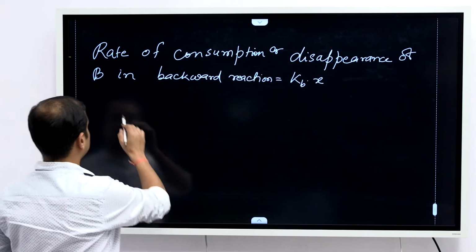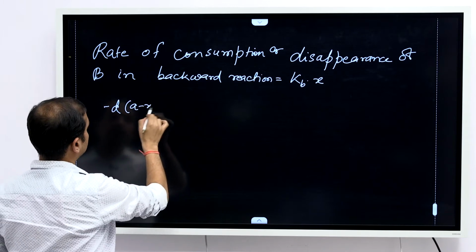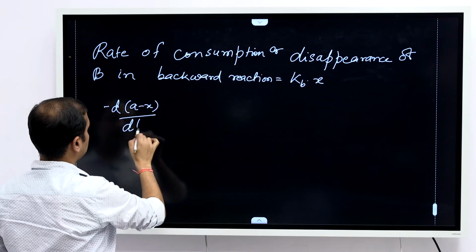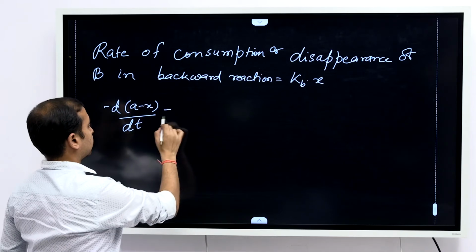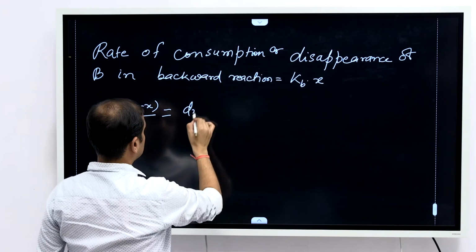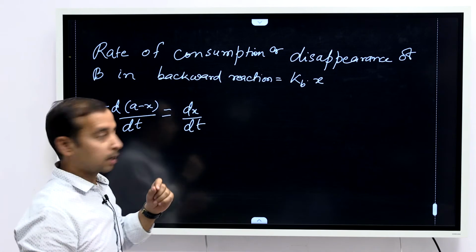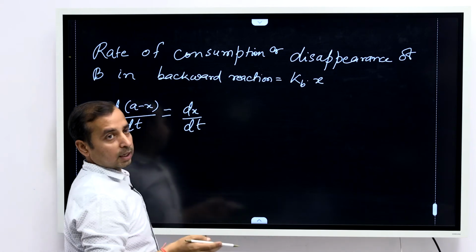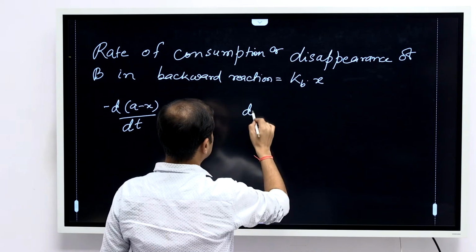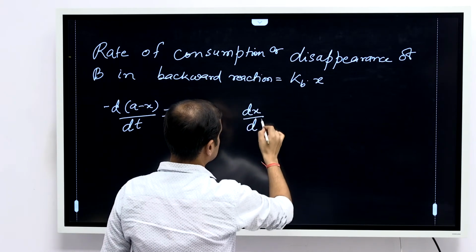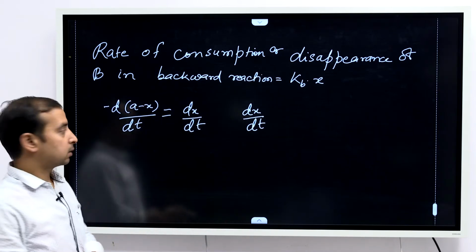So if we take minus d of (a minus x) by dt, here the reactant is being consumed, so it becomes ultimately dx by dt, because A is a constant. If we talk about the rate of formation of B, it also becomes dx by dt, because the concentration of B at time t is also x.